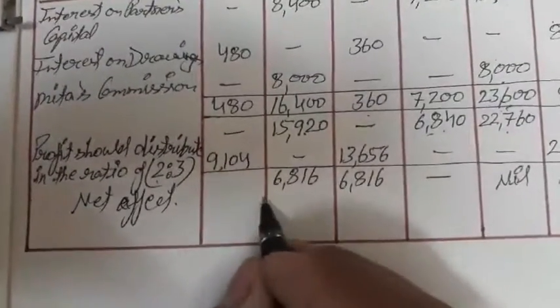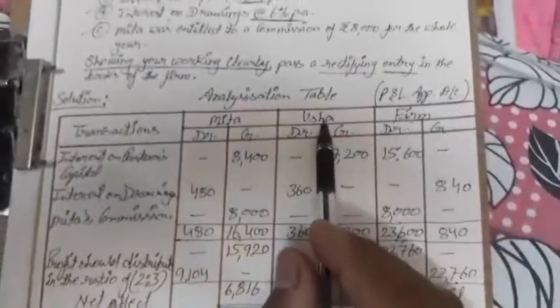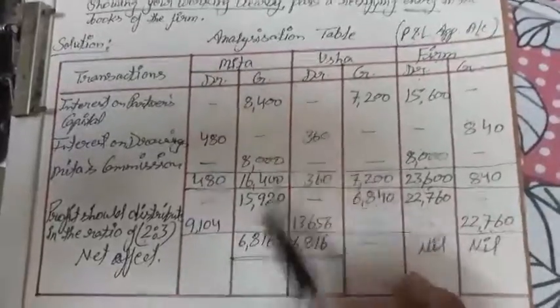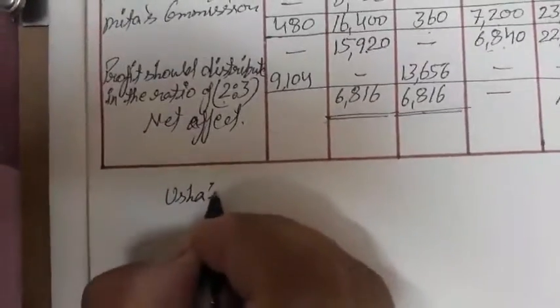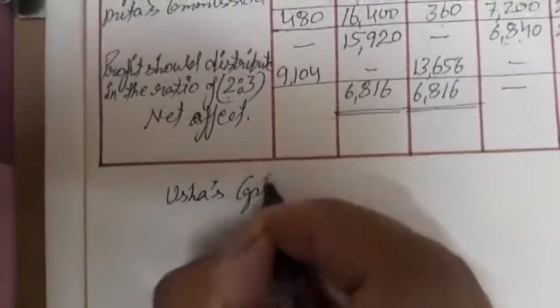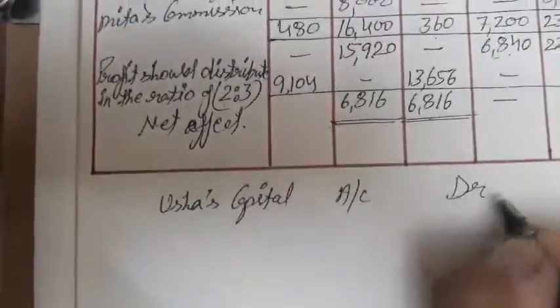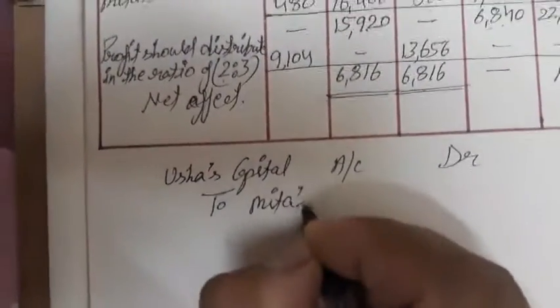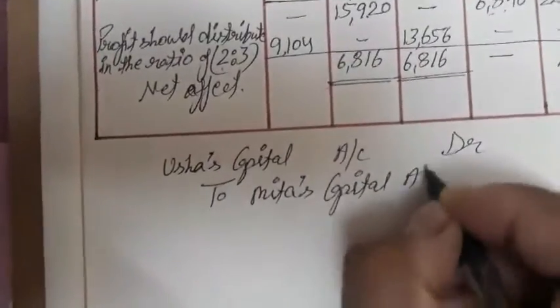Okay, according to this balance the journal entry will pass. Who is debited? USA is debited by this amount and Meeta is credited by this amount. So now the journal entry will pass: USA's capital account debit to Meeta's capital account.